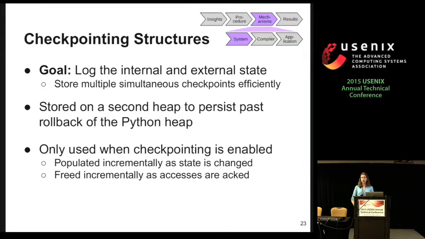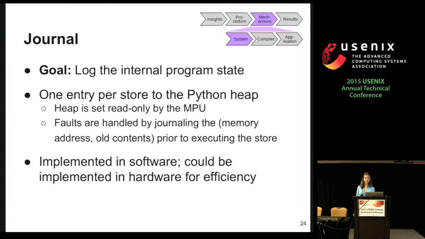They're also built up incrementally and freed on a rolling basis as peripherals are acked. So, for instance, if all of the accesses before a given point in time have been acked, then we can free all of the checkpointing data that was populated prior to that point in time, even if there are outstanding peripheral accesses from later on in the execution, because it's no longer possible to roll back past that particular point.